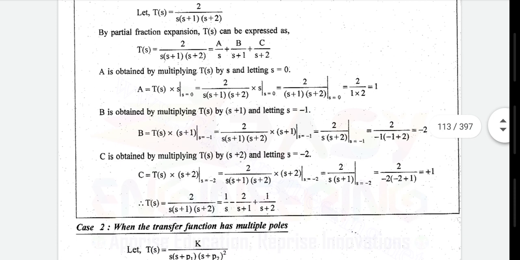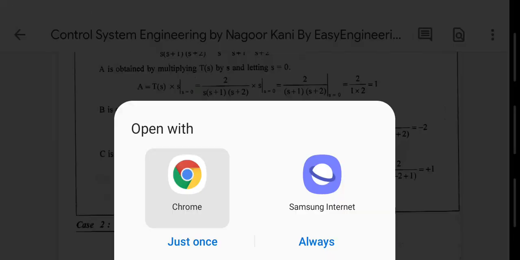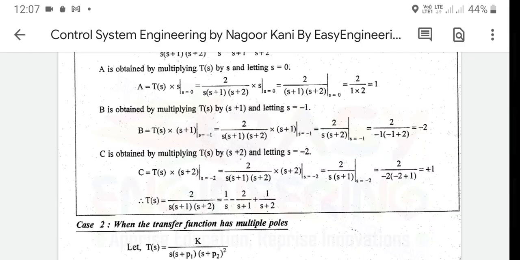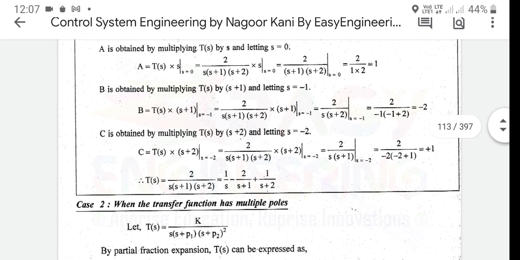Substituting the T of s value into s by making s equal to 0, s and s get cancelled, and by making s equal to 0 you will get 2 by 1 into 2, that is nothing but 1.